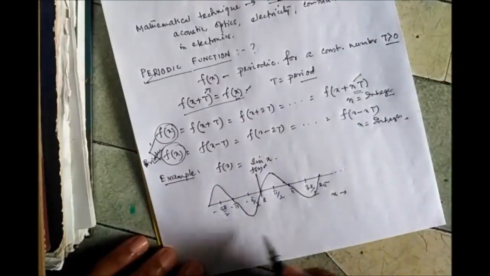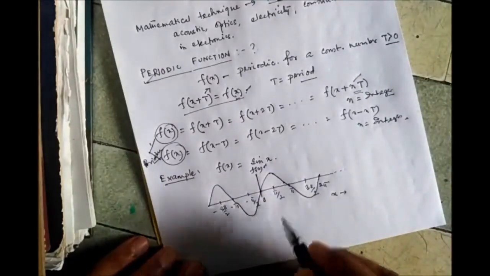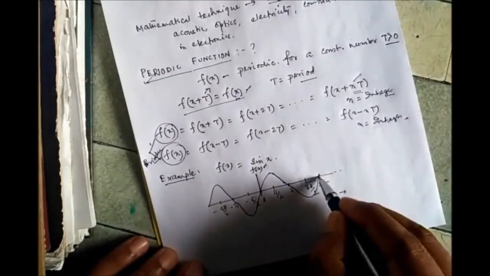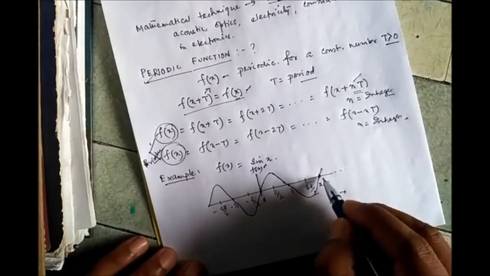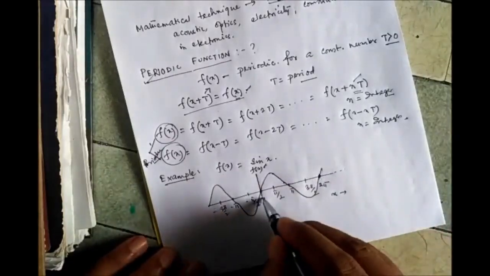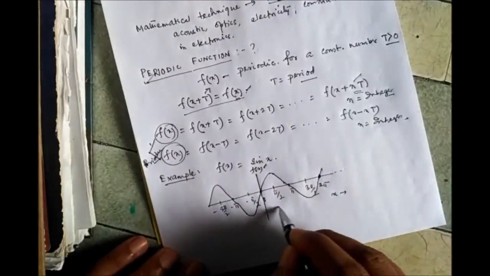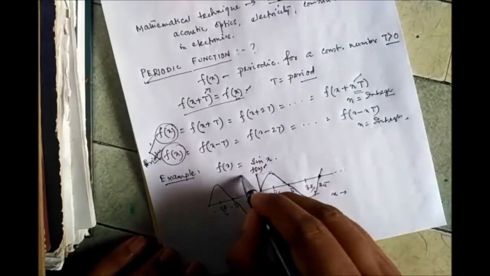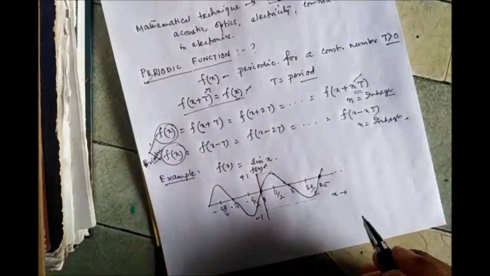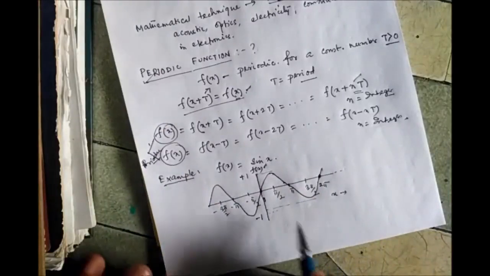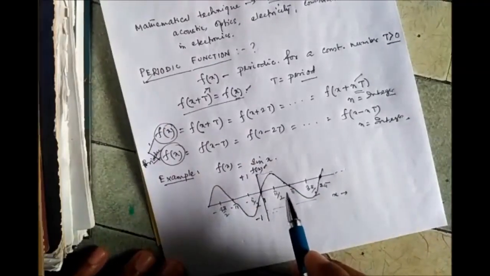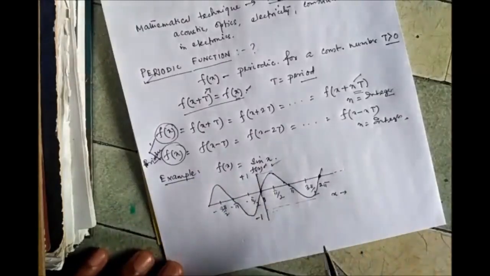Now, this sine function, after a certain period of interval, repeats itself. The maximum and minimum values of the sine function are plus 1 and minus 1. So I can say that sine is an example of a periodic function.